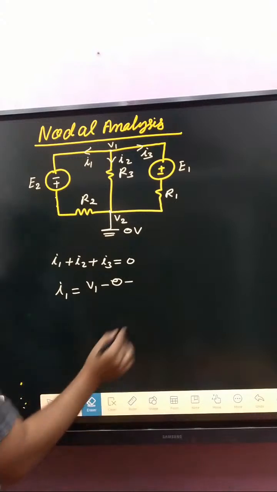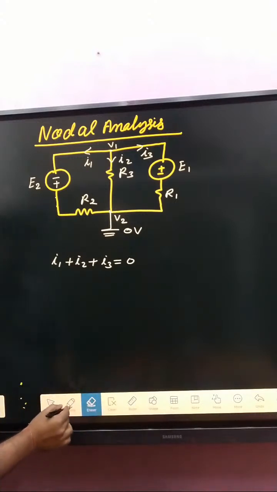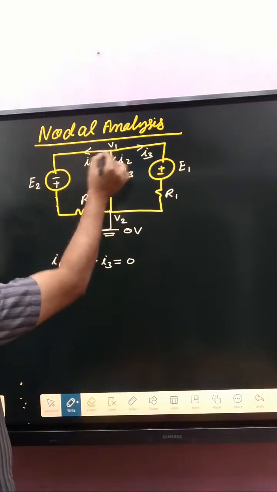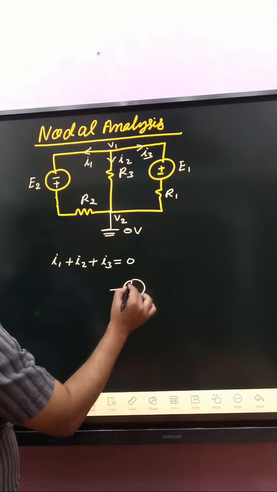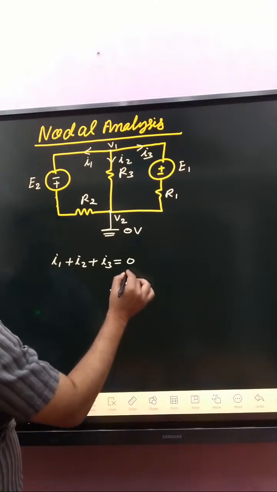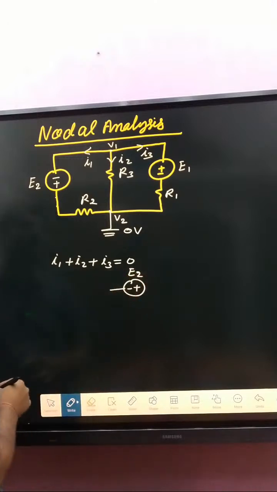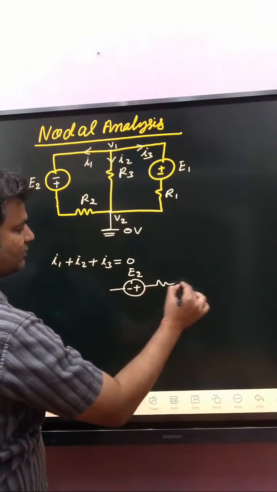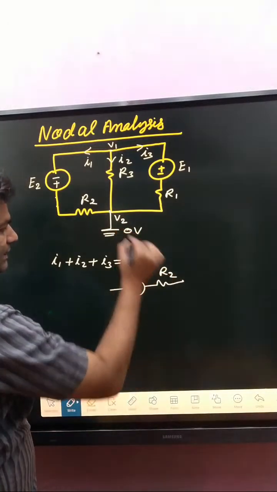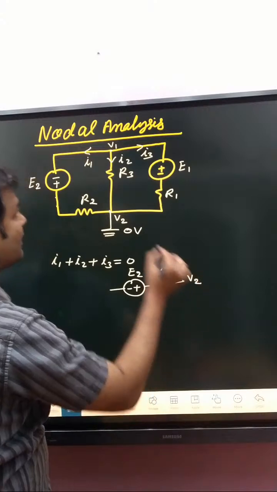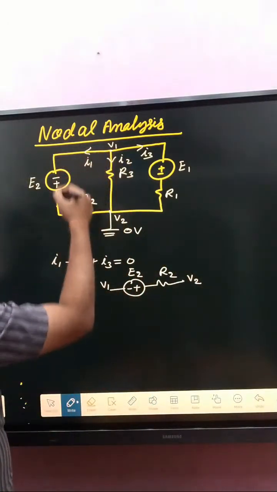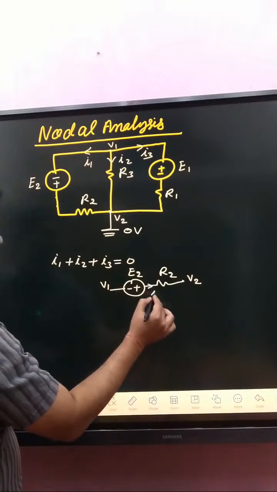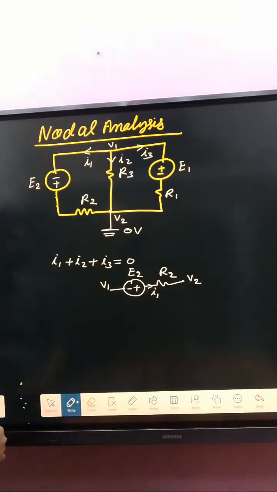First of all, we have considered this V1 connected here, minus here, plus here, that is E2, and that is R2, and here V2, and here V1. Current leaves going from V1 to V2.